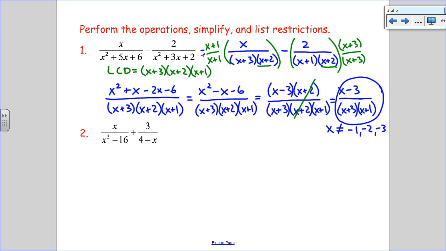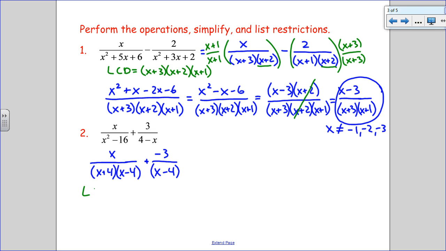Now we'll look at one final example. x over x squared minus 16 plus 3 over 4 minus x. Again, it would be helpful to have the denominator of that first rational expression in factored form. And then noting that we have a binomial x minus 4 in the denominator, it would be helpful to multiply the numerator and denominator of the second rational expression by negative 1, so that we can obtain the opposite of 4 minus x, which is x minus 4, in the denominator of our second rational expression.